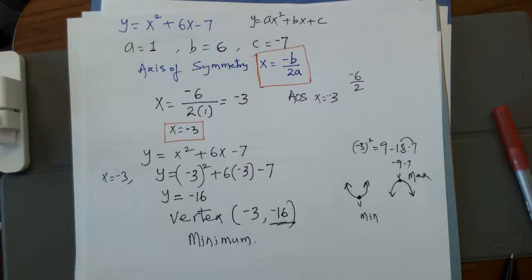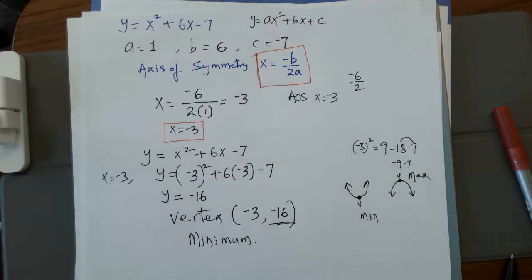See, look at your graph. This is the vertex, right? Negative 3 comma negative 16. Do you have the same thing there? And your minimum value up here. Everybody is good? The axis of symmetry, x is equal to negative 3. See? That line divides the graph into two equal parts.